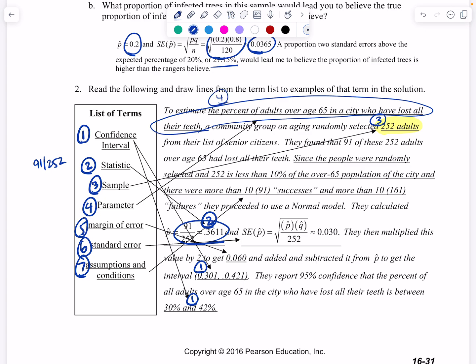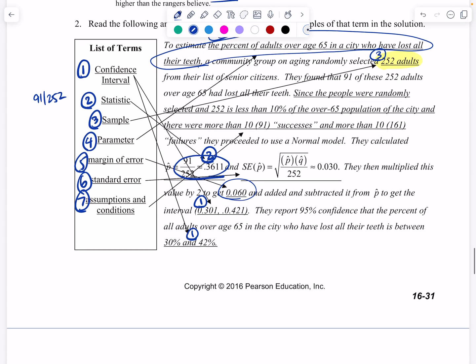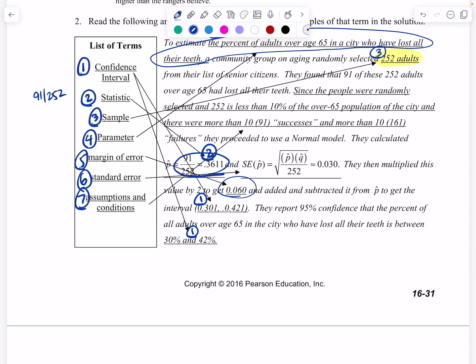All right, the margin of error. Remember, how do you get that? It's here, and it says multiply by 2 and get this. The way I'm able to do that is the z star times the square root of p hat times 1 minus p hat over n.